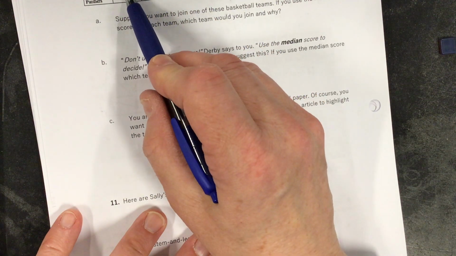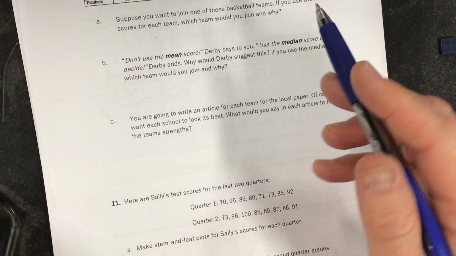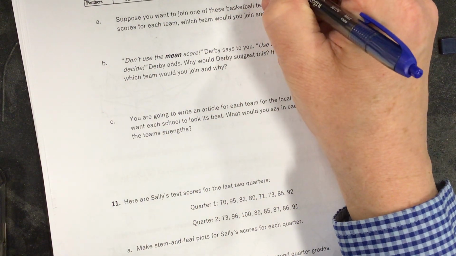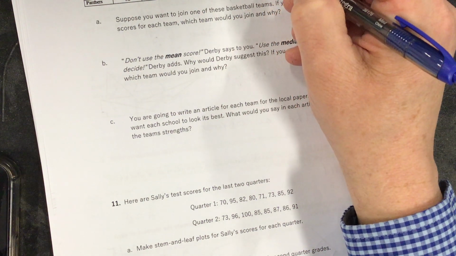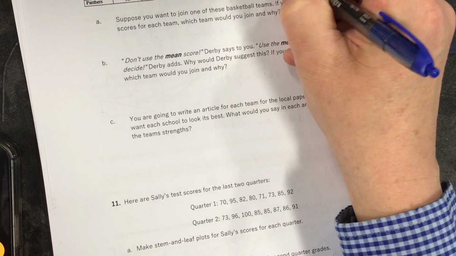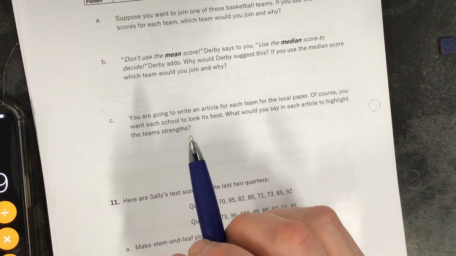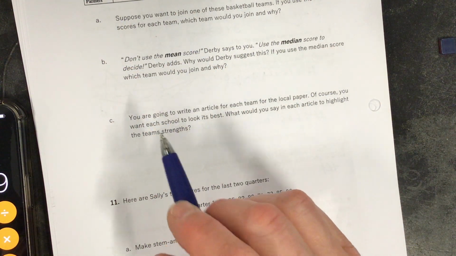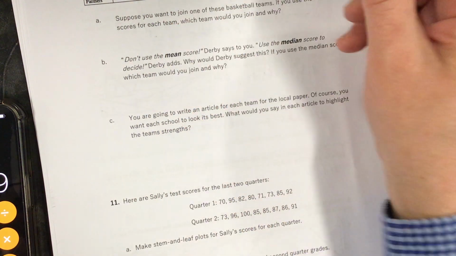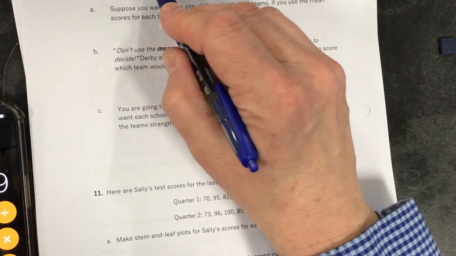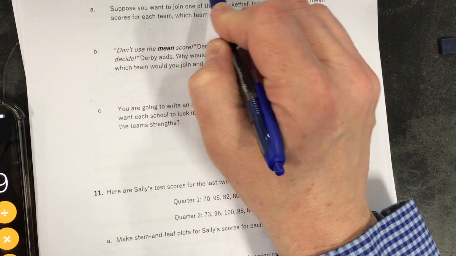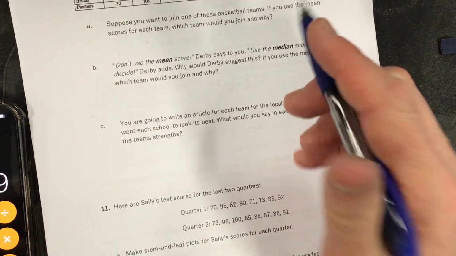Well, let's see. The mean of the Wildcats. I have to add some numbers together and divide by 5. So 67 plus 87 plus 54 plus 99 plus 78, divided by 5.